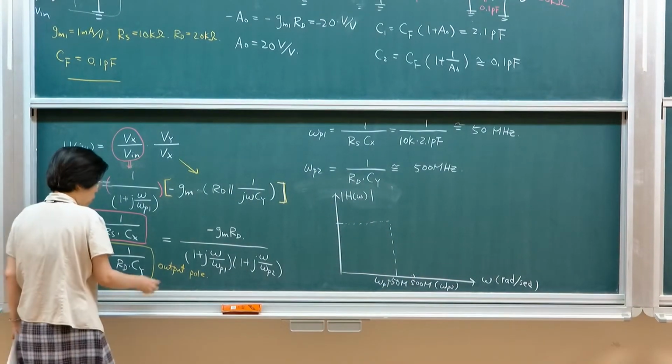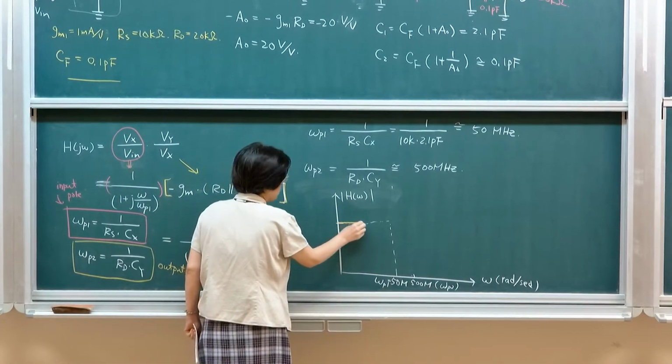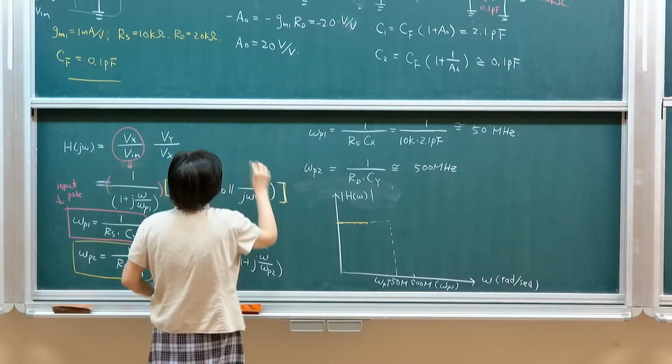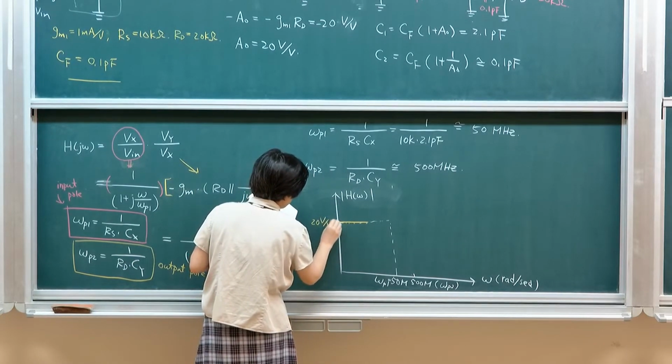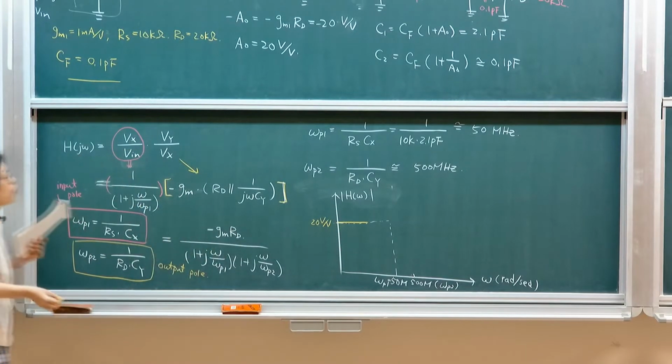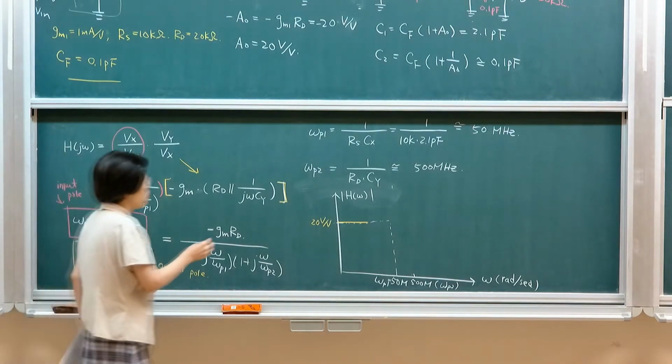So basically, we start with a gain of 20. So this is 20 volt per volt. It's about, I should say, 23 dB. If you want to do dB, you can do the calculation.